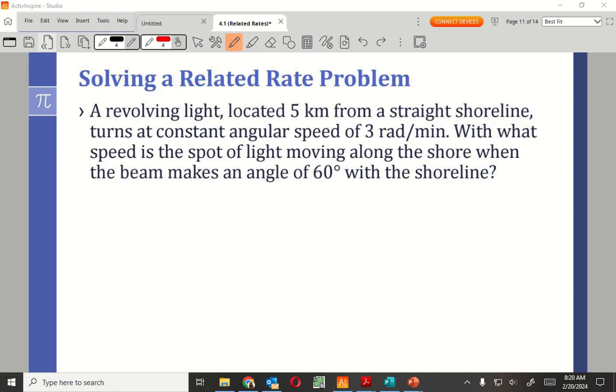And what else did we say about our theta? The beam makes an angle of 60 degrees with the shoreline. So that means on the shoreline, it's got to be 60 degrees.